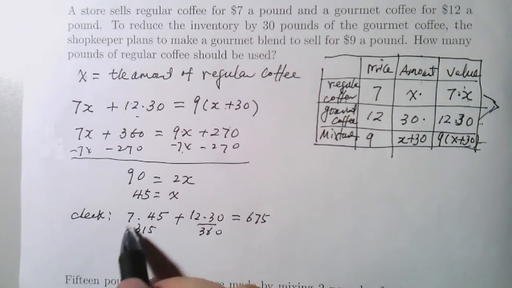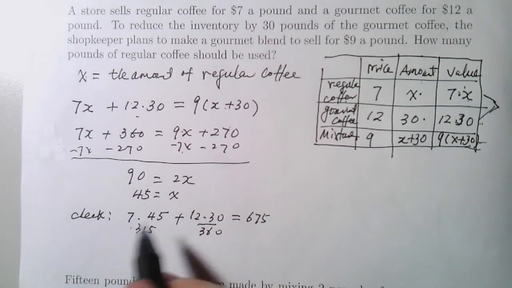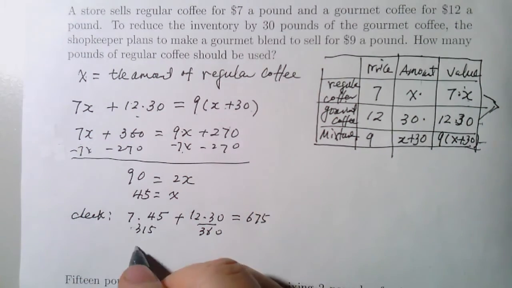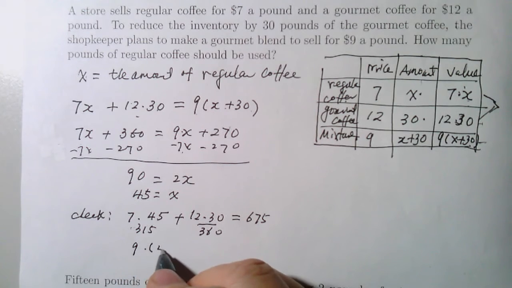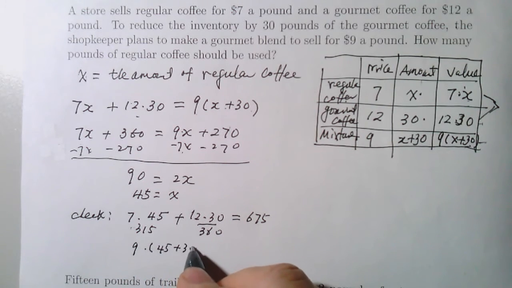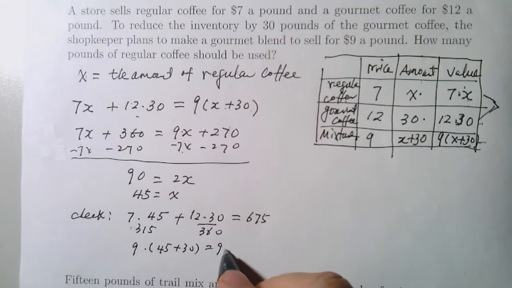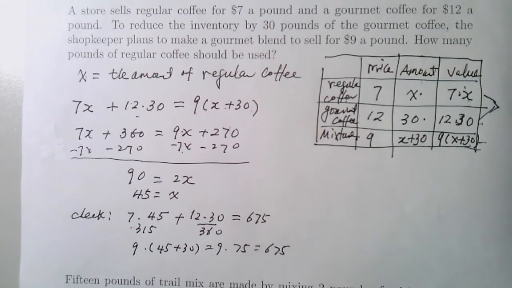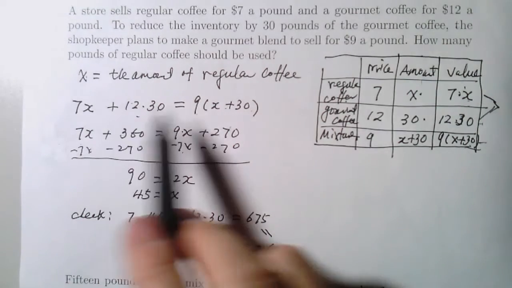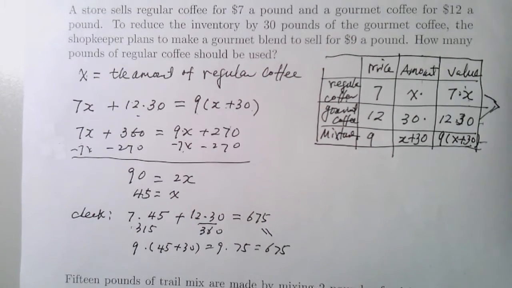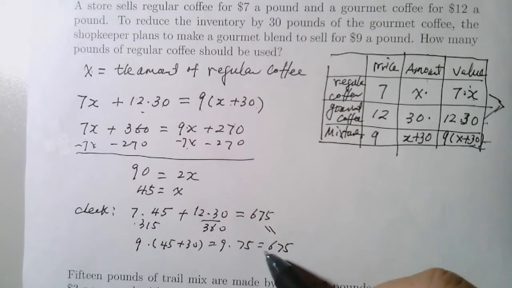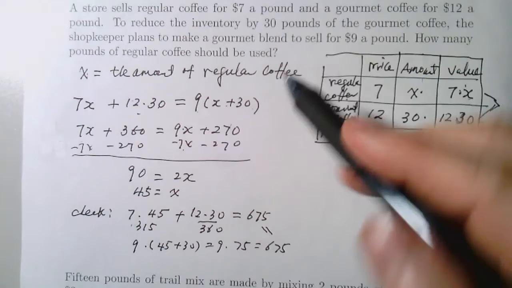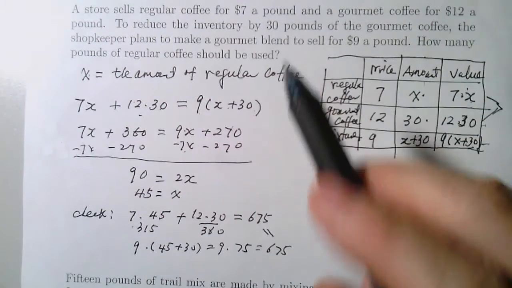After mixing it is 9 times x plus 30, which is 9 times 45 plus 30, which is 9 times 75, which is also 675. So the left side equals the right side. After we verify this, it also satisfies the problem's conditions.